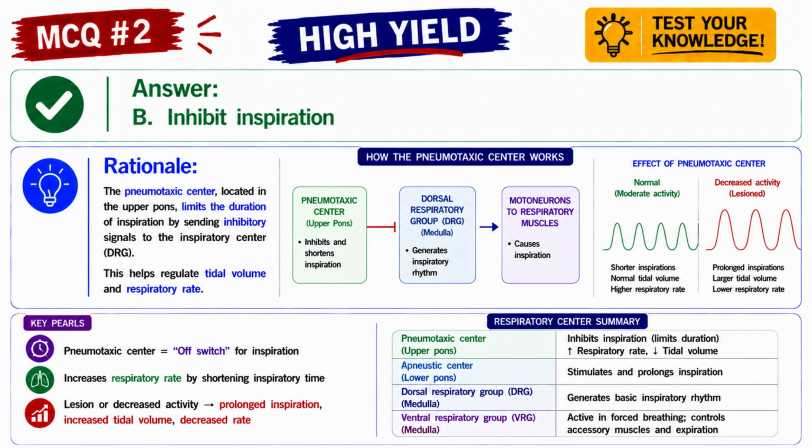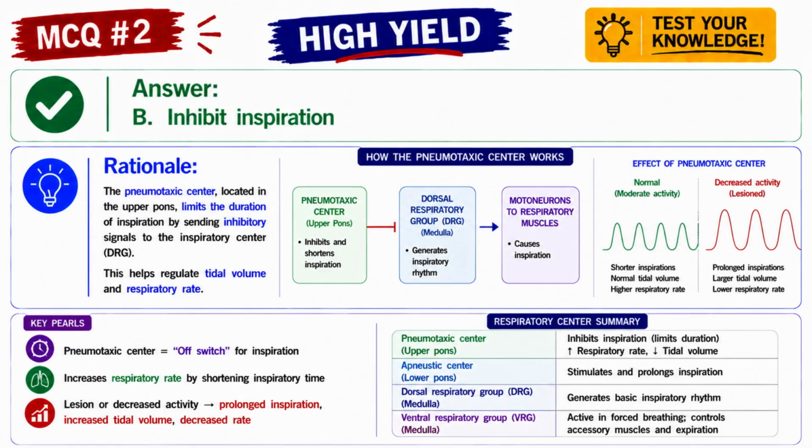By limiting how long each inspiration lasts, the pneumotaxic center regulates both tidal volume and respiratory rate. Strong pneumotaxic center activity: shorter inspirations, smaller tidal volumes, faster respiratory rate. Weak pneumotaxic center activity: longer inspirations, larger tidal volumes, slower respiratory rate.